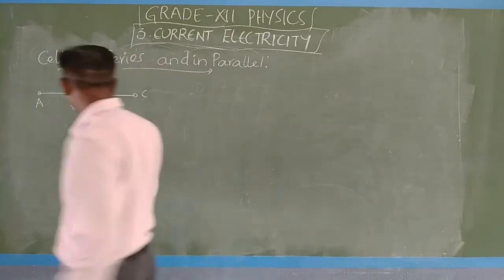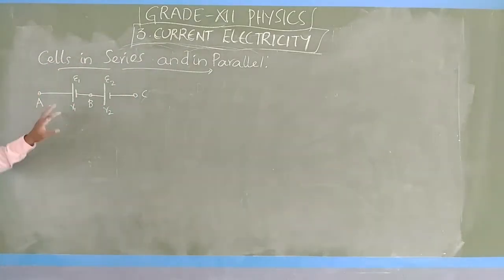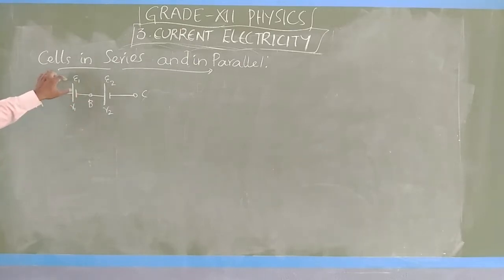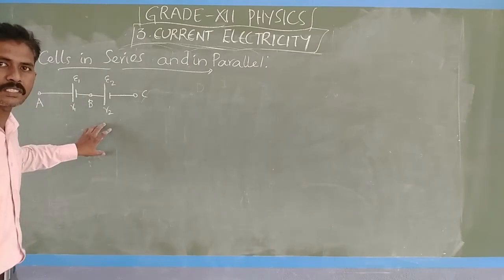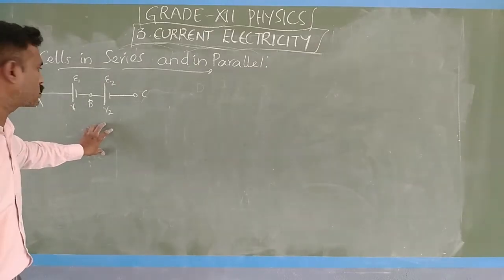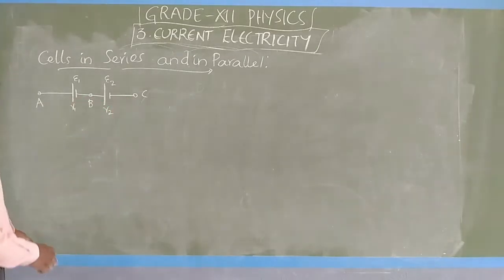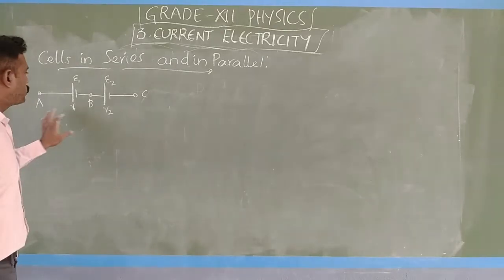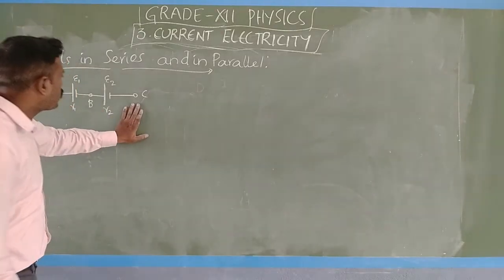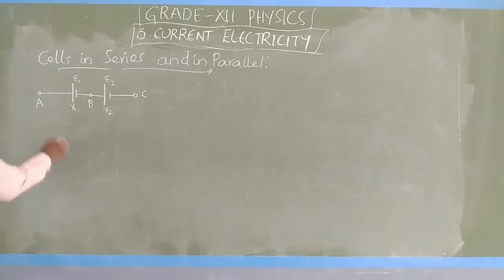So I have taken here two cells, cell 1 and cell 2, with E1 and E2 representing the voltage of the cells, and r1 and r2 representing the internal resistance of the cells. There are three nodes, A, B and C, which are the key points. Now, what is the potential across AB? That is VAB.